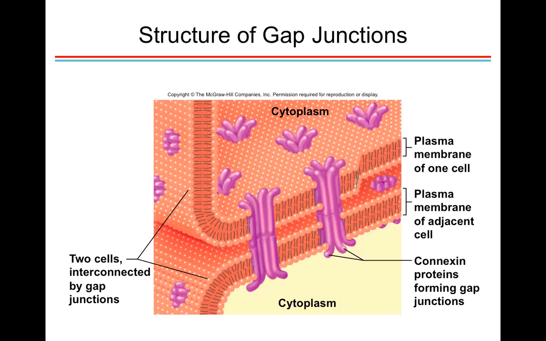Here I just want to show you this picture again: here's the cytoplasm of one cell, the cytoplasm of another cell, and they are connected by these connexin proteins that allow electrical signaling or stimulation to travel through both cells at the same time.